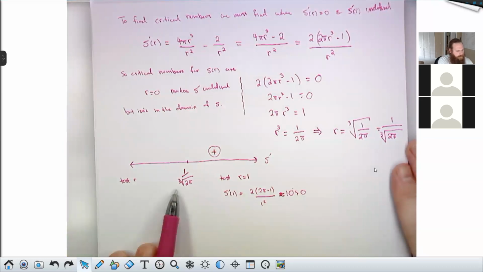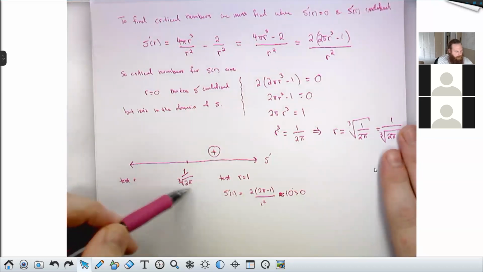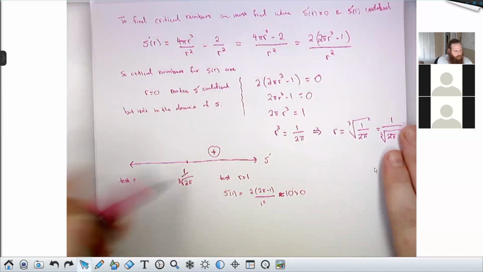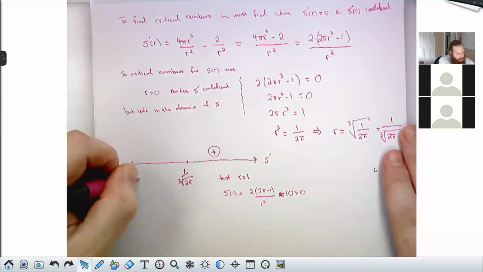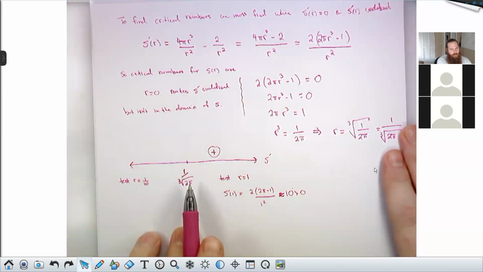What could we test to the left of this? That's a little bit harder. Let's see. Well, we said that 2 pi is about 6. So the cube root of 2 pi is going to be smaller than 6. So I could test r equals like 1/10. Since 2 pi is about 6, the cube root of 2 pi has to be smaller than 6, which means this whole thing is bigger than 1/10.